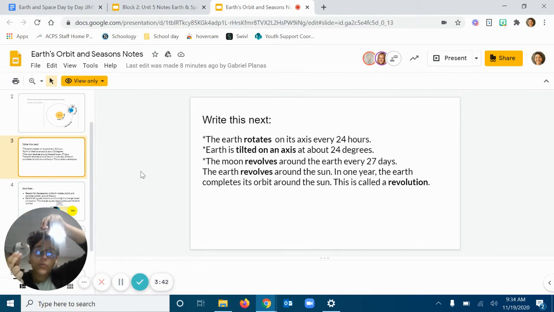When the Earth revolves one complete cycle around the sun, we call that a revolution. One revolution is equal to 1 year here on Earth. So if I start here and go all the way around the sun and get back to my starting point, that is a revolution, or 1 year here on Earth. Those are just some key vocab facts to know about the Earth, moon, and sun.